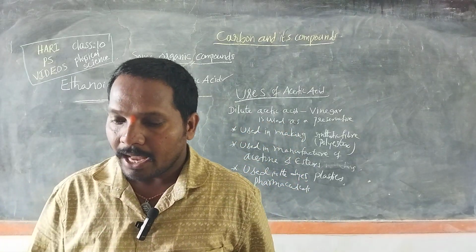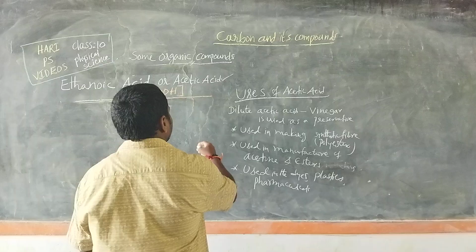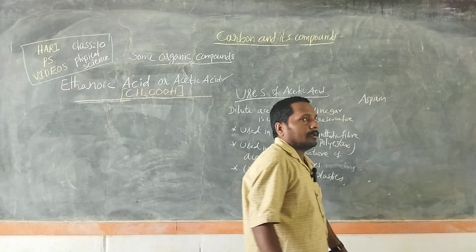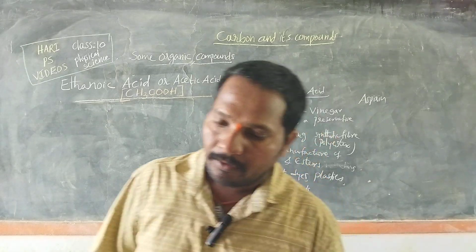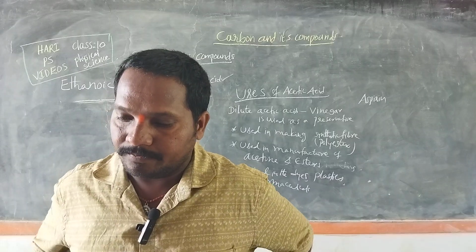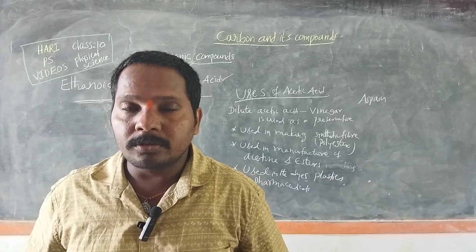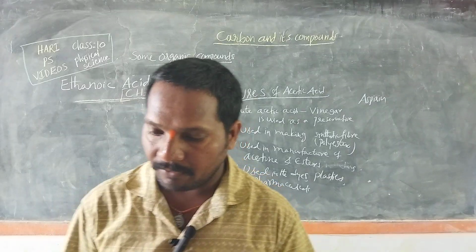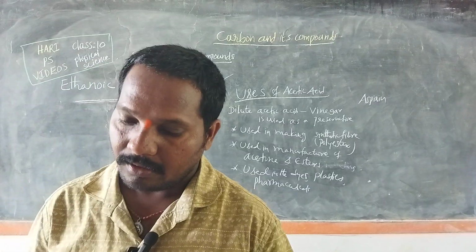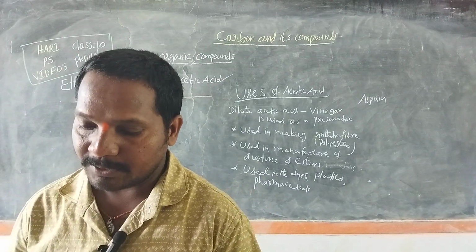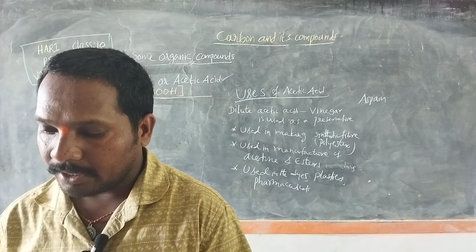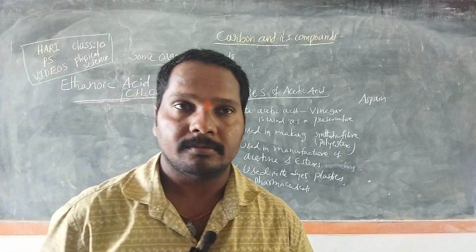Aspirin is one kind of medicine, a tablet, an analgesic and antipyretic. Aspirin is one kind of drug which relieves pain, and an antipyretic is a drug which reduces fever.